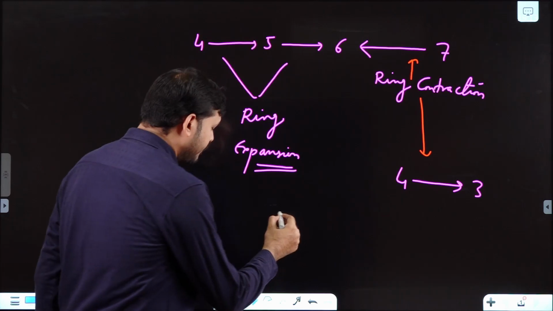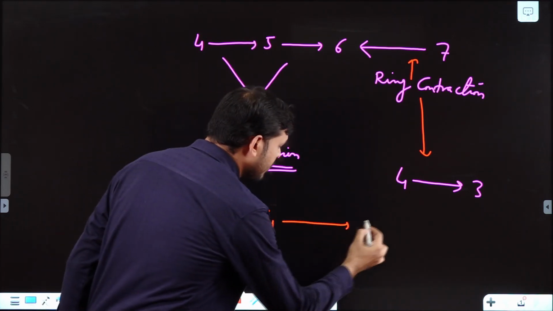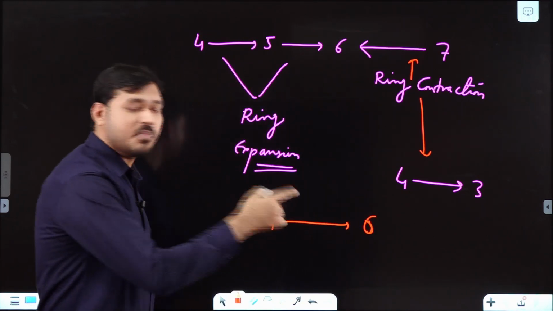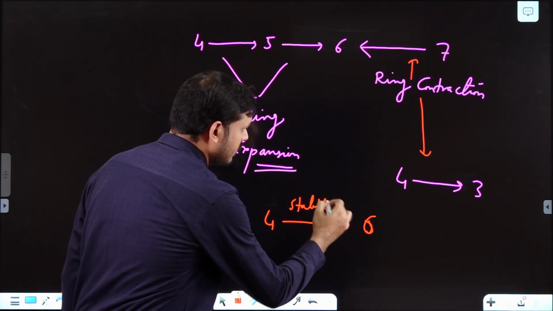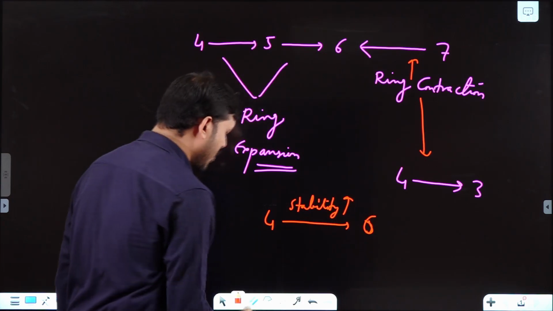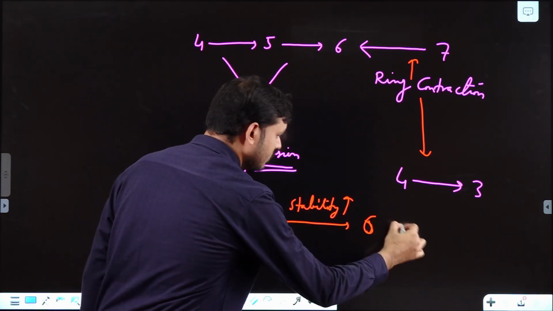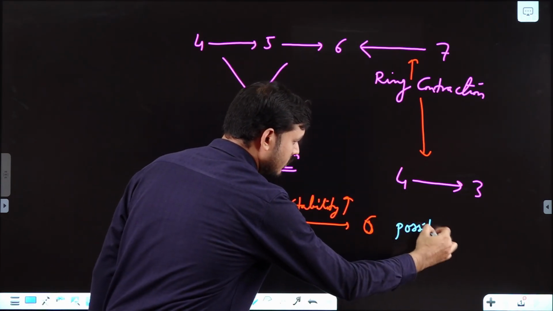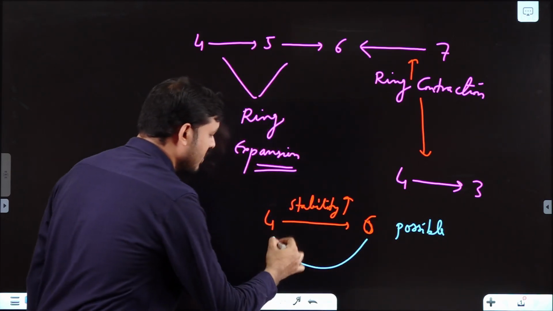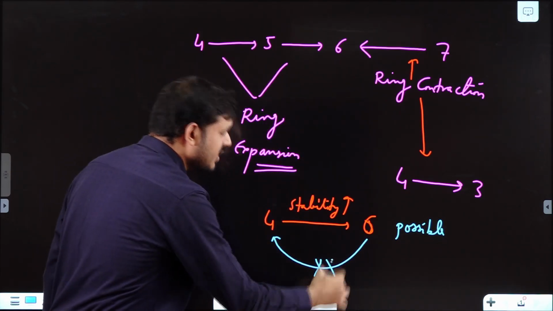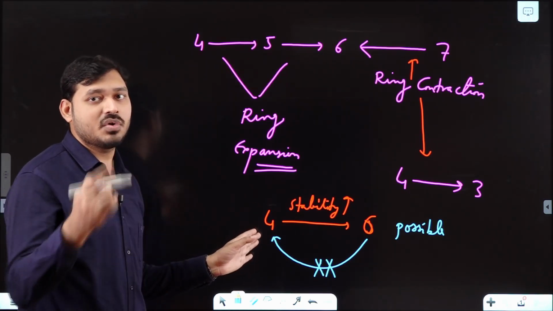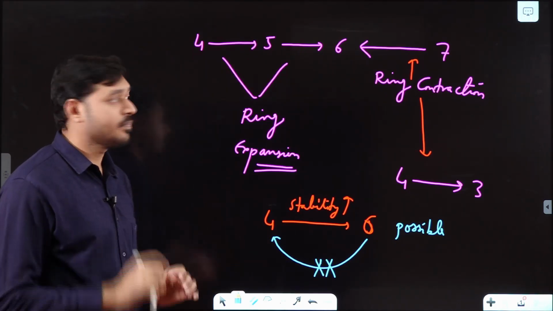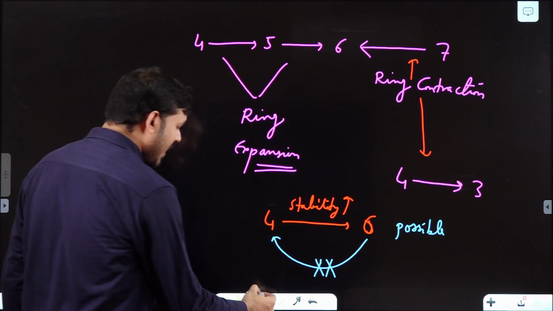Now understand, 4-membered to 6-membered, that is possible. Stability increases. Possible. But if I say the reverse, 6-membered to 4-membered, it is not at all possible. Why? Because it will become highly unstable due to strain increment, okay? So I think this part is clear to you all.